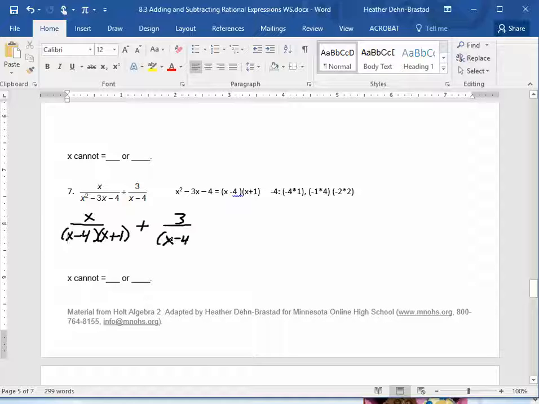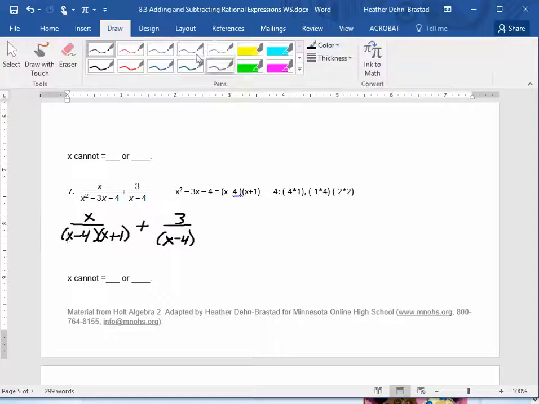Now they're not yet common denominators, so I need to multiply that second one by something. The first one's good, I don't need anything for the first one, but the second one needs an x plus 1. And when you multiply, you have to multiply both the numerator and the denominator by that.